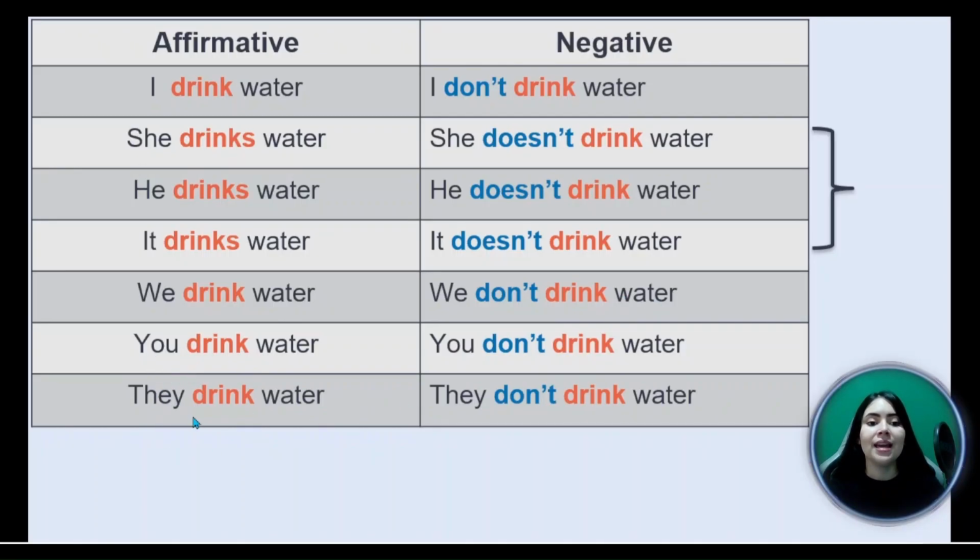You and they drink, and in the negation, you don't drink, they don't drink. Very well. She, he, and it. The name in English is third person. In the affirmative sentence, we add S, and in the negations, we add does.